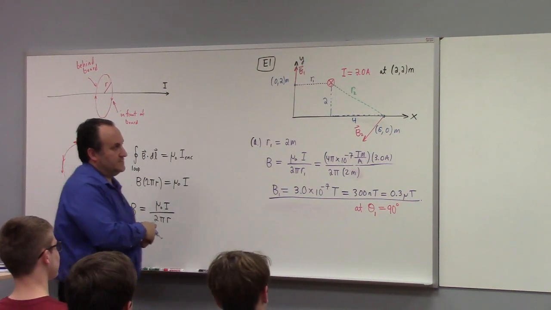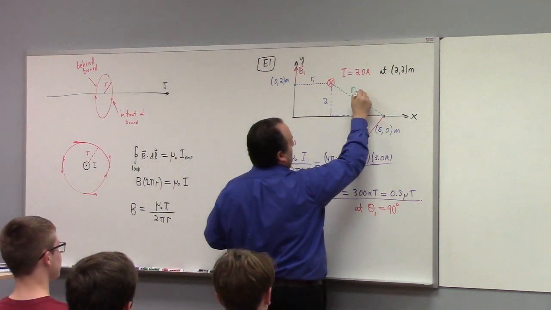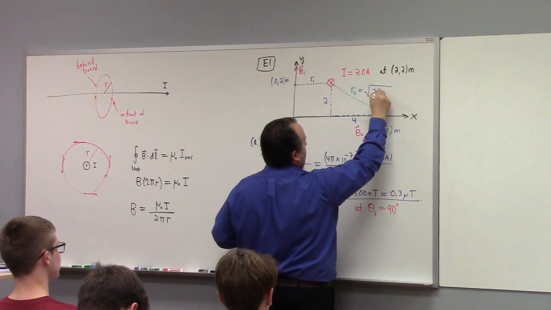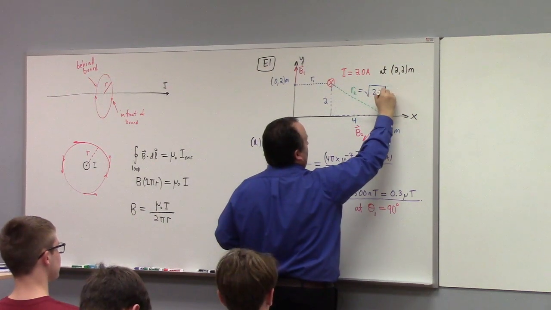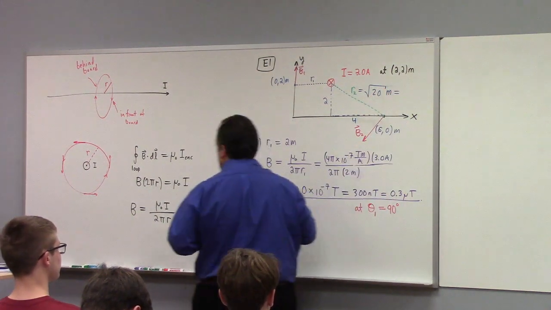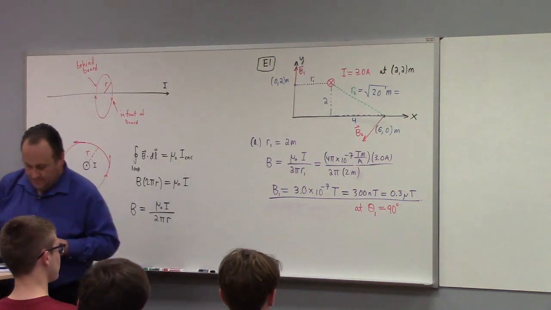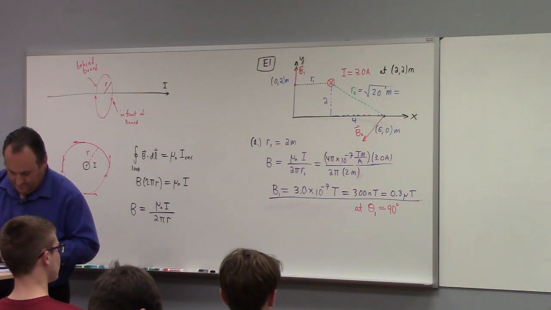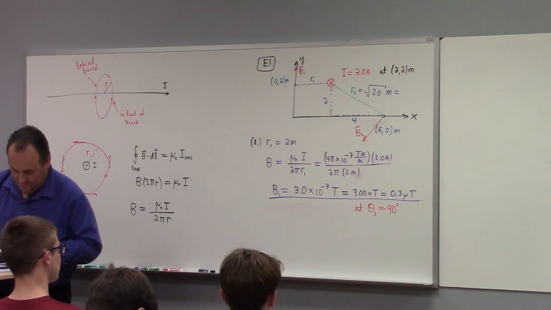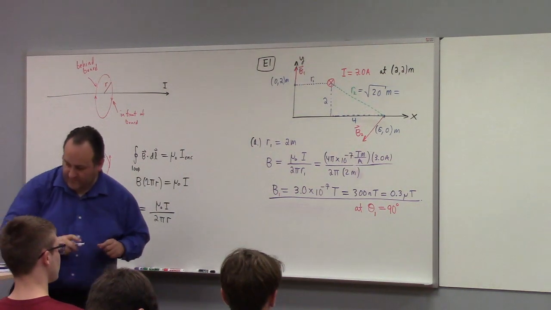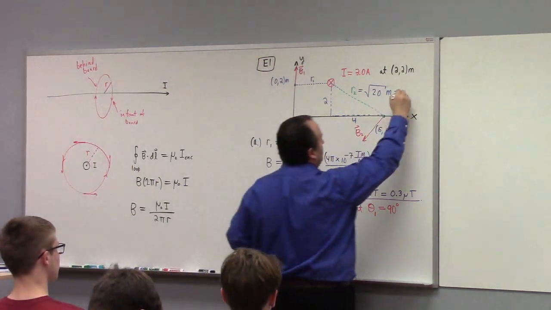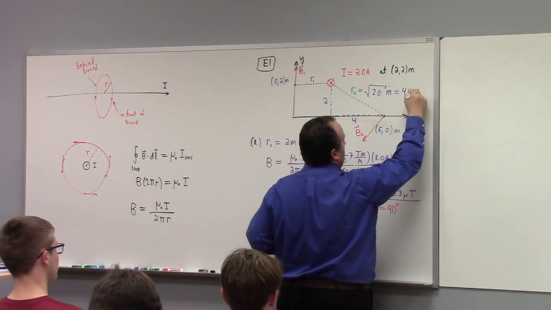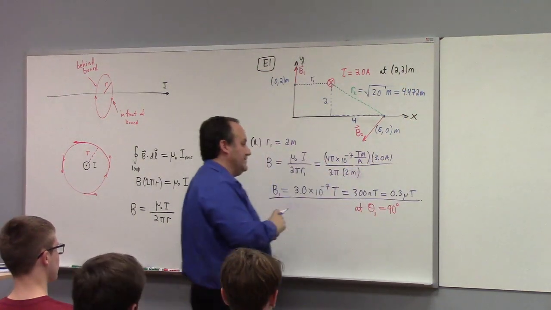So what's R2 equal to? Square root of 20 meters. But we like decimals in here, so that's 4.472. Something like that, right?